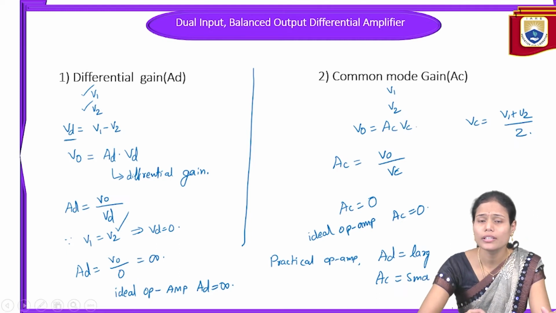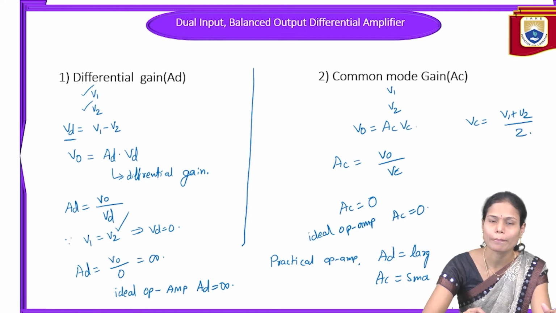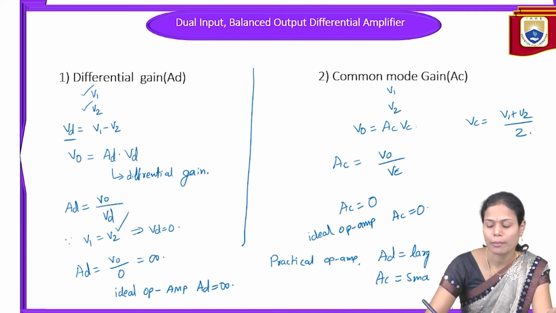Why? Because in any case we may not reach the ideal characteristics. In the practical case, because of component variations, temperature variations or parameter variations, we may not get the original ideal characteristics. So that's why in practical amplifiers we get the differential gain as large and the common mode gain as small.